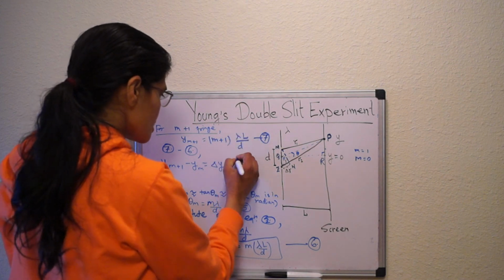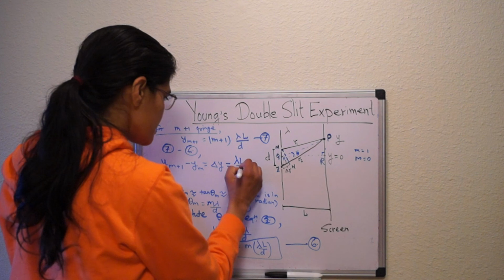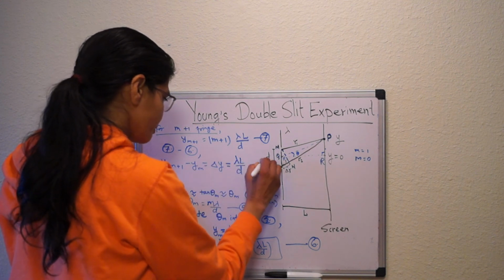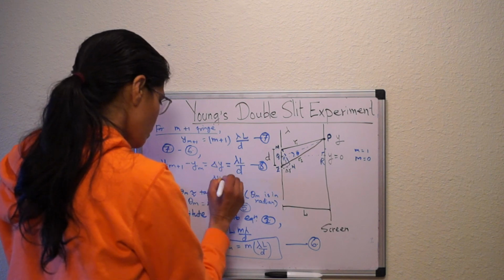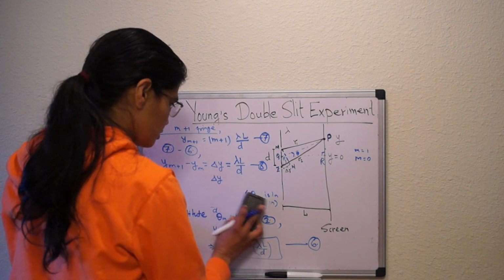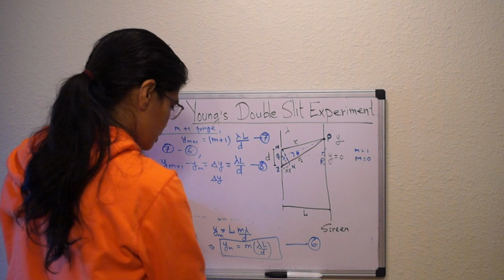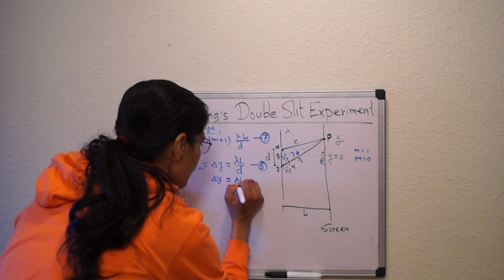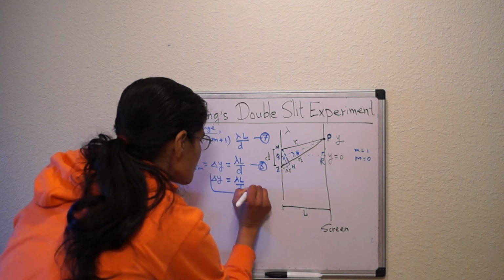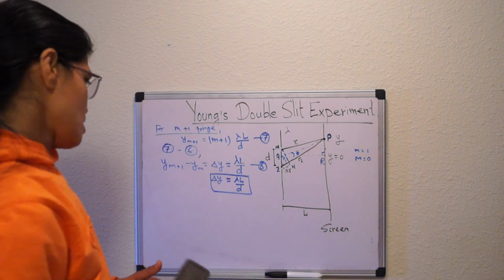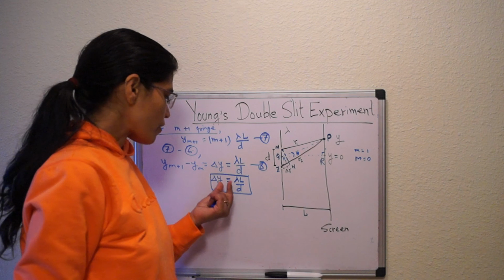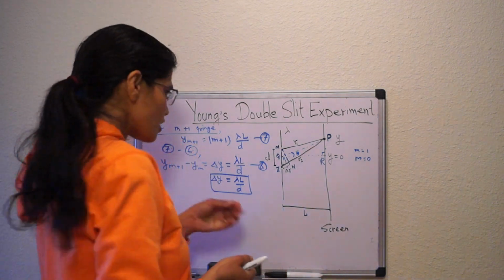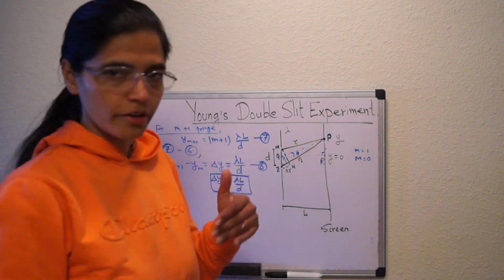So we are left with just lambda L by d. Let's call this equation 8. So delta y equal to lambda L by d. This will give us the width of the fringe itself. We'll talk a little more in another video, okay?